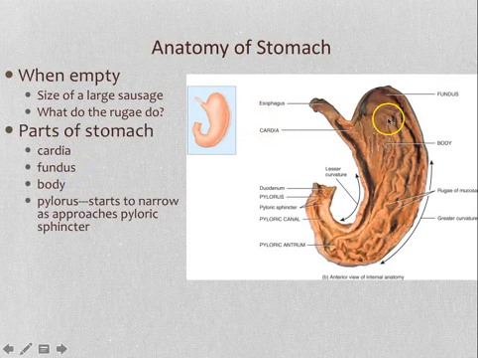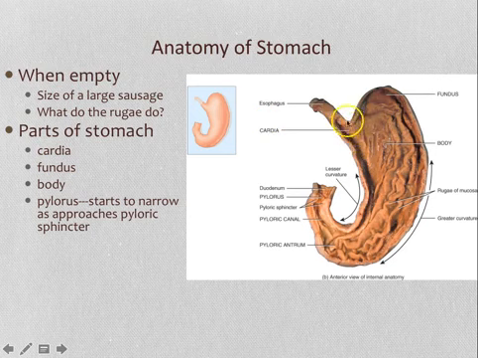There's the cardia, which is right after that esophageal sphincter. There's the fundus of the stomach, this top part of the stomach right here. The body, which is the vast majority of the stomach. And then you have the pylorus, really, which is this entire area that consists of the pyloric antrum, the pyloric canal, and the pyloric sphincter.